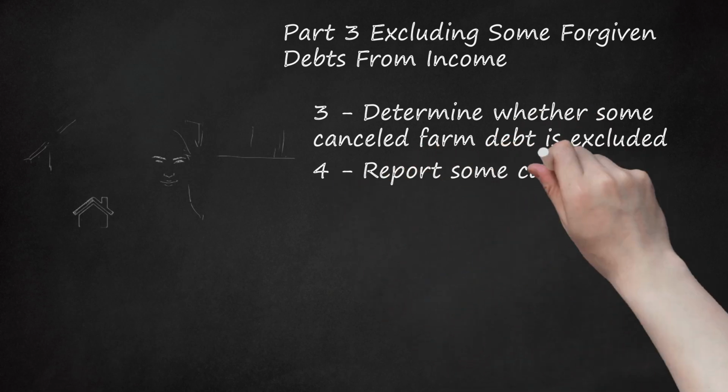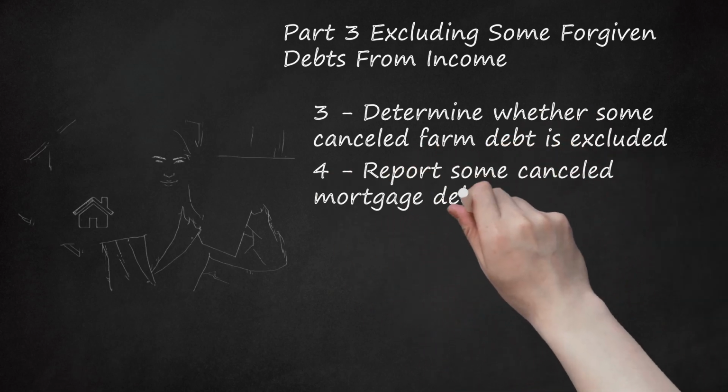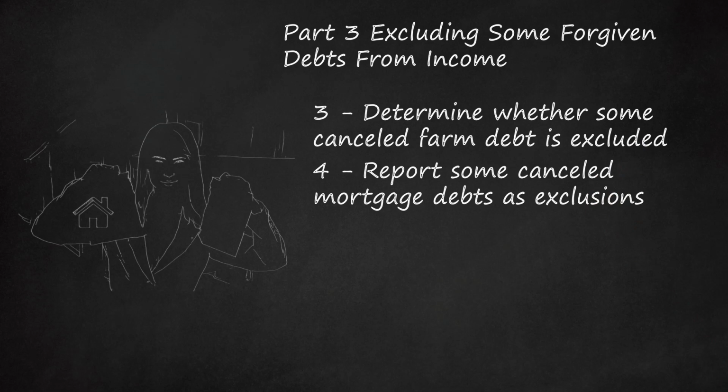4. Report some canceled mortgage debts as exclusions. You may be allowed to exclude forgiven or canceled mortgage debts if the mortgage was on property that you used as a business or as your principal residence, and the money from the loan was used to make improvements to the property. In this case, if the creditor canceled all or part of your mortgage loan, that amount is income that you can exclude.